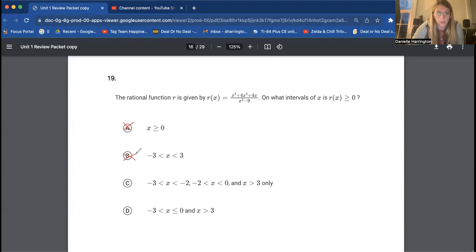That's only 1 interval. This is 3 intervals. And then this is the one that makes sense. Because from -3 to 0, it was above the x-axis. And then from 3 forward, where it did that swoop into infinity, we know that that is what we're looking for as well. All right, 1 more for this video.